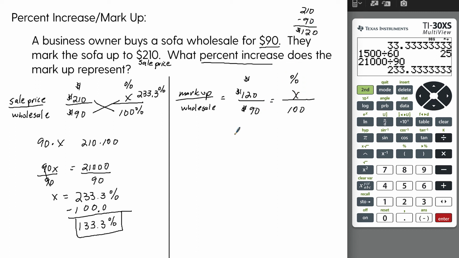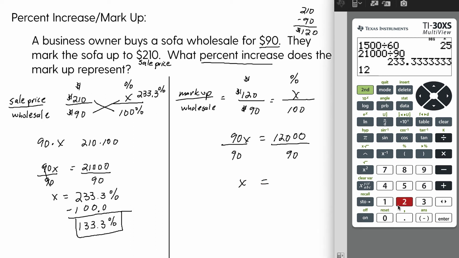So 90 times X will be 90X. 120 times 100 will be 120, add the two zeros. Again, put it in a calculator if you need to. Divide it by 90. Divide that by 90, and we'll get X. So we'll have 12,000 divided by 90.